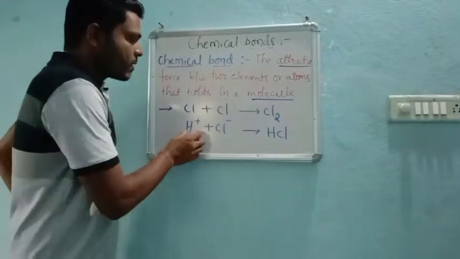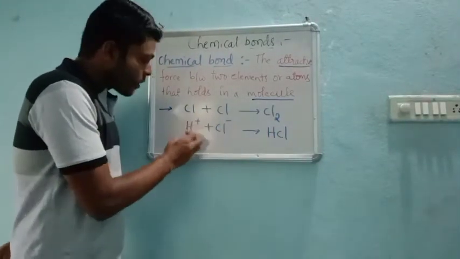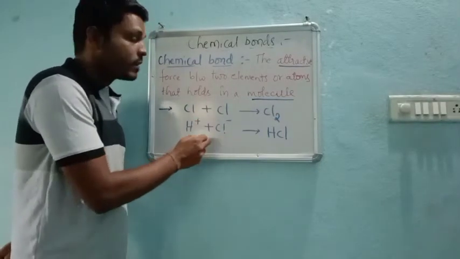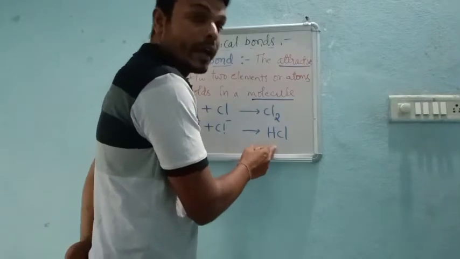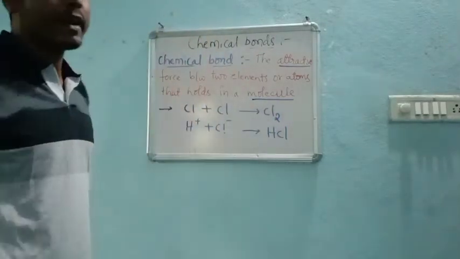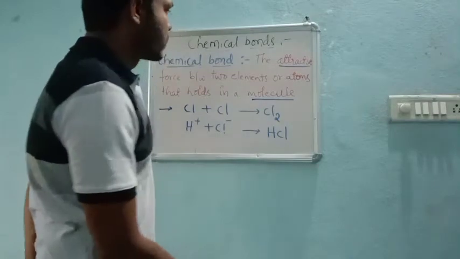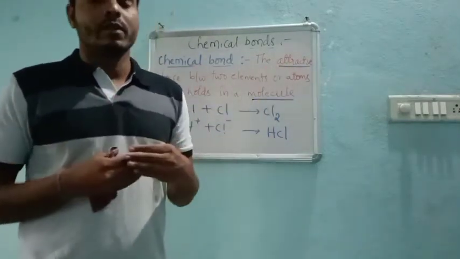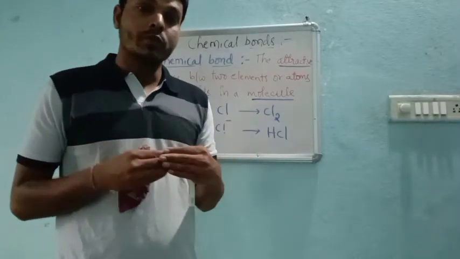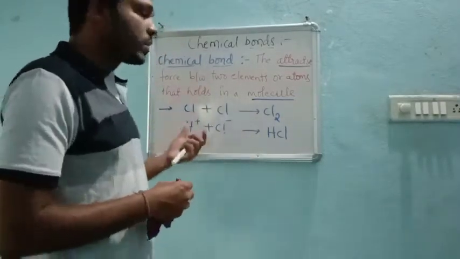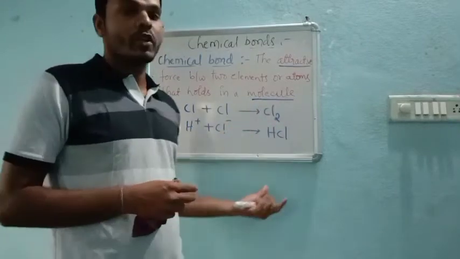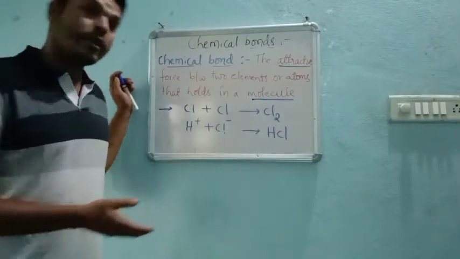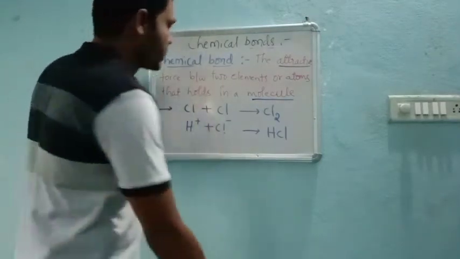So H plus Cl minus, because of the presence of opposite or unequal charges, there will be a formation of HCl. Likewise, we can define a chemical bond. The attractive force comes when we bring the two elements or reacting species closer, then definitely the formation of a product, a molecule or a complex takes place, right?